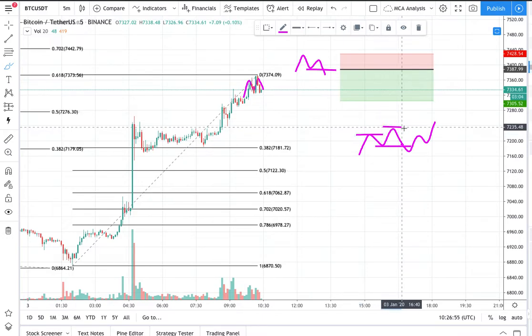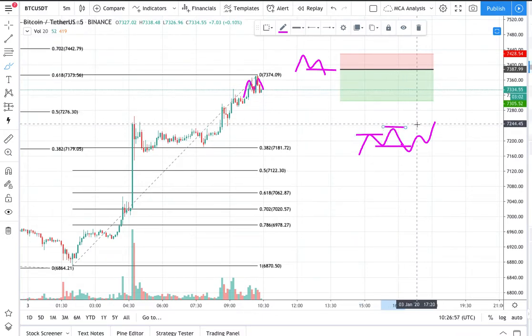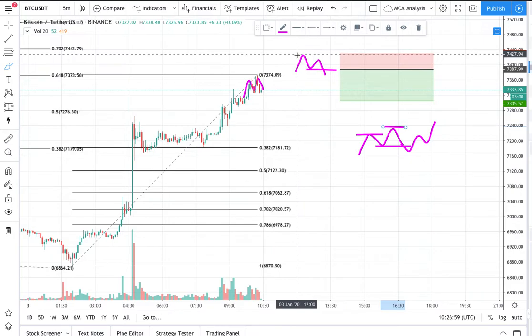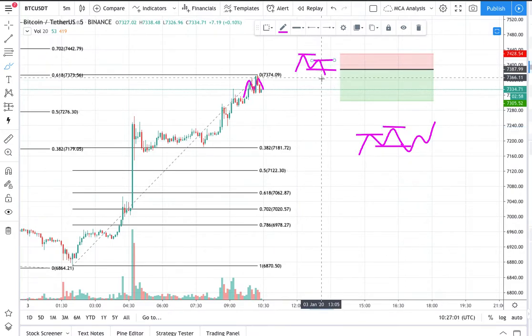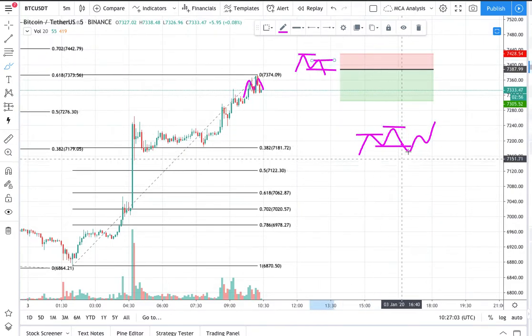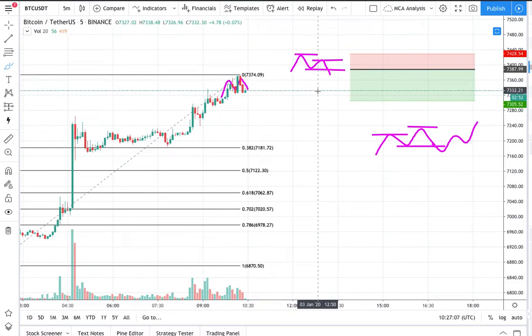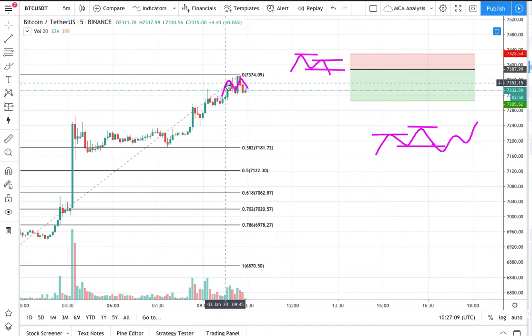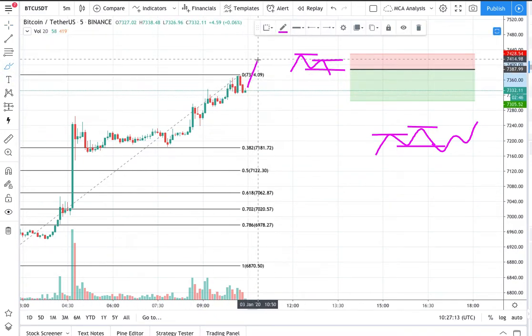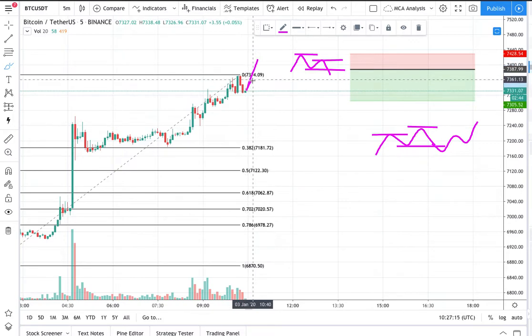It put in a higher high, which is a bullish trend, versus a lower high, which is a bearish trend. That is not a valid market structure. So looking at this right here, I would say this is not a valid market structure, and it could either push higher, or what I hope for is that it produces a cute little M right here.